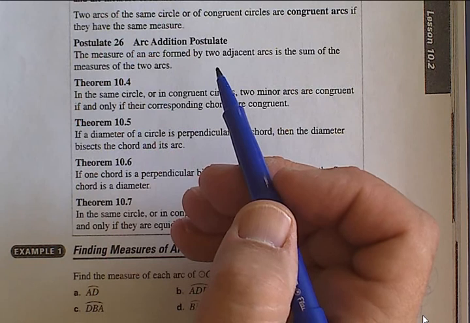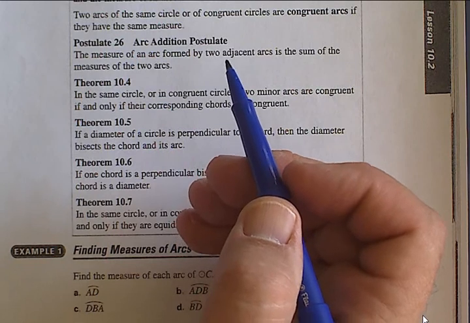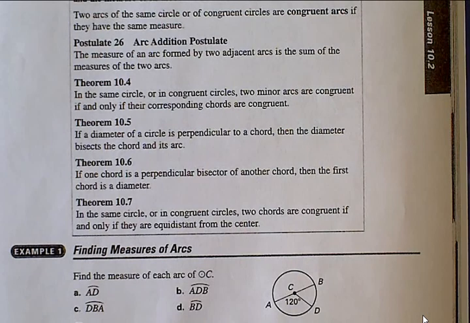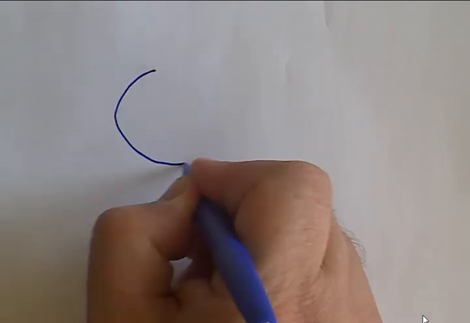So we've had segment addition, we've had angle addition. What this says is that in the same regard that we could add those, we can now add arcs in the same manner. So if I know I have, again, here's a circle.